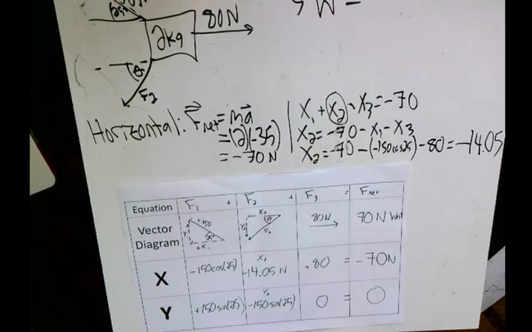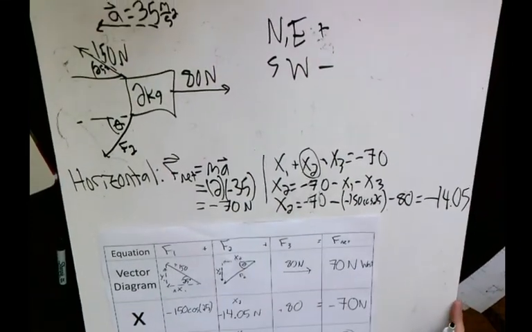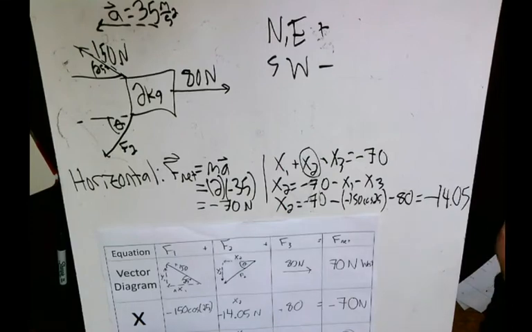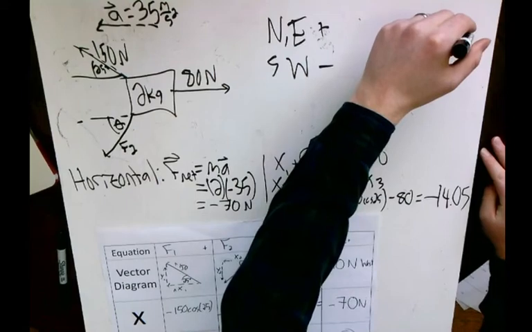Okay, now we can determine the magnitude and the direction or the angle of F2. We know we're going west, we know we're going south. That's good, that's how the drawing had it shown.